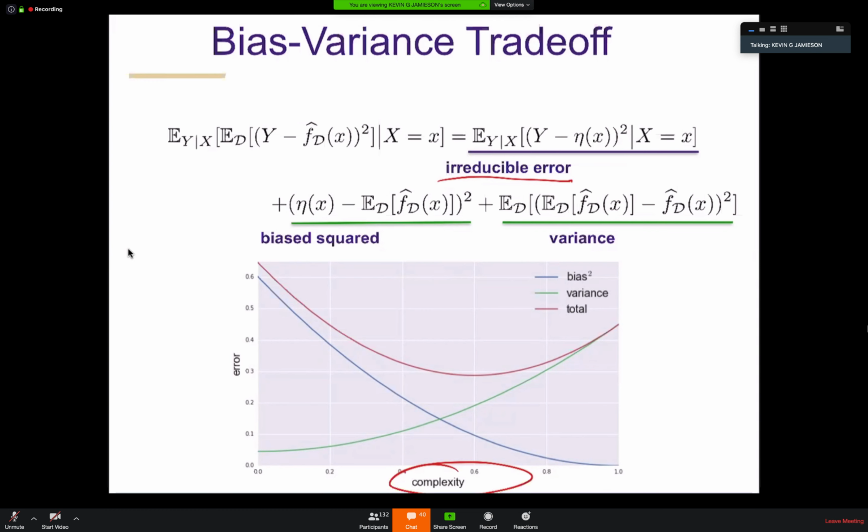And what we want to instill in you is basically the intuition. It's not wrong intuition, but on any particular model class, like linear regression or deep networks, you might have different behaviors. There might be some wonky things that deviate from this very canonical model, where as complexity increases, the bias always goes down monotonically and the variance always increases.